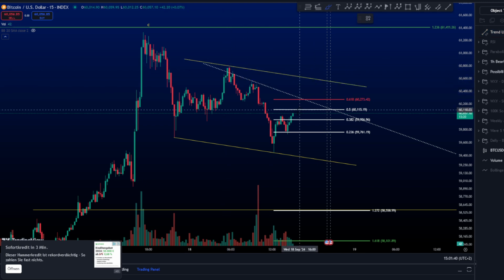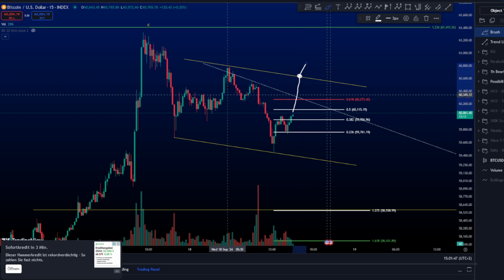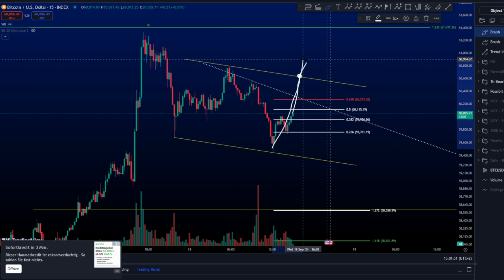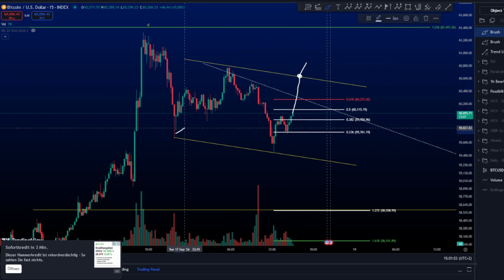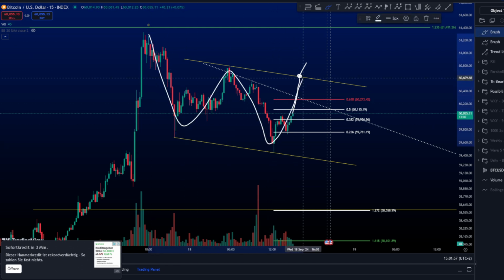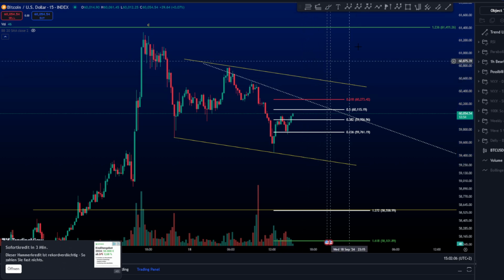Your second confirmation that we are bullish is once this leg becomes higher than this one, okay? Because when your wave 4 becomes bigger than your wave 2, then this is an invalidation of your contracting diagonal. That means we're not going for a wave 5. That means we're going higher, right? So this is your second confirmation.